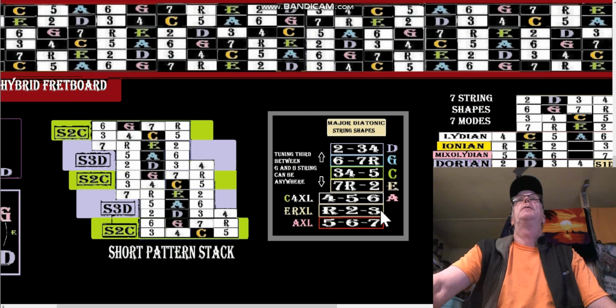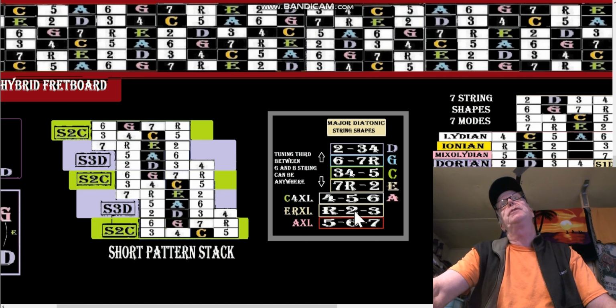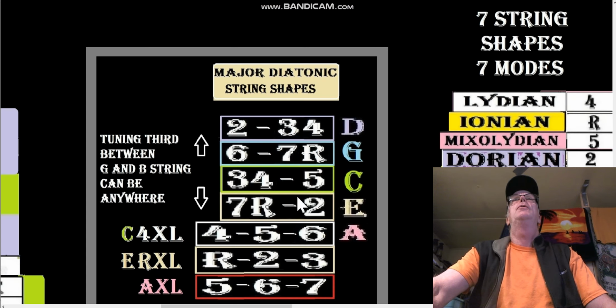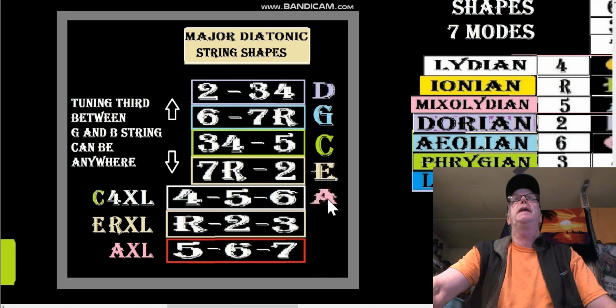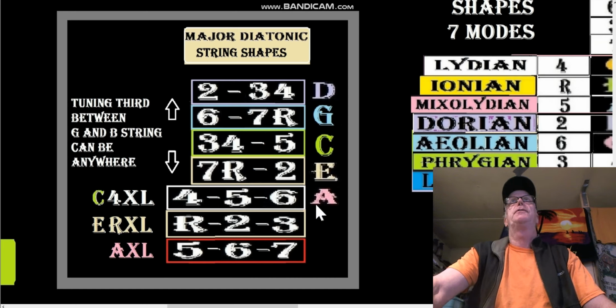Okay, so here are the long patterns in the simple string shapes, without the fretboard, and we're going to be selecting certain notes in these string shapes, but it pays to know what these string shapes are and to know that A in the short pattern is just 5, 6. It's important to know that A is just 5, 6 in the short patterns, so it goes in a circle there.